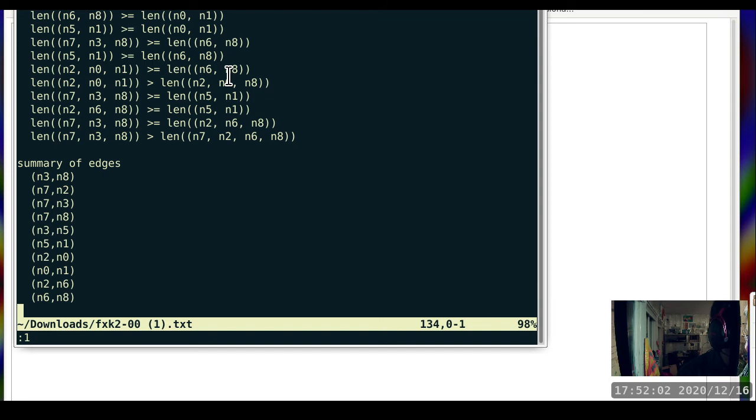So we have N3 going to N8. We have N7 going to N3. And then we have N7 going to N8 directly. And then let's see what else goes to N8.